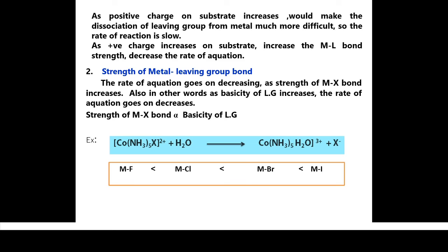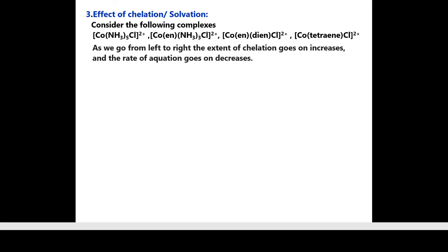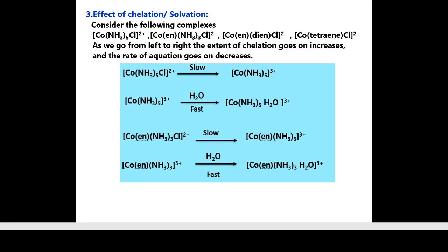Okay, so let's move. Student, let's see the next factor, that is effect of chelation or solvation. Consider the following complexes. These are the 4 complexes where chelation increases from left to right.